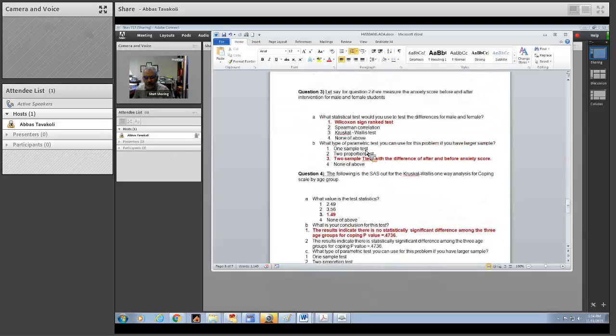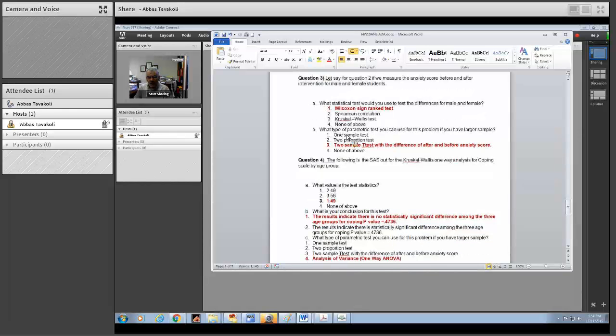Problem 3: let's say for question 2, we measure the anxiety score before and after intervention for males and females. What statistical test are you going to use for the difference between male and female? The Wilcoxon rank sum test is the correct answer. What type of parametric test can you use for this problem if you have a large sample? You would use a two sample t-test with the difference of after and before anxiety scores.